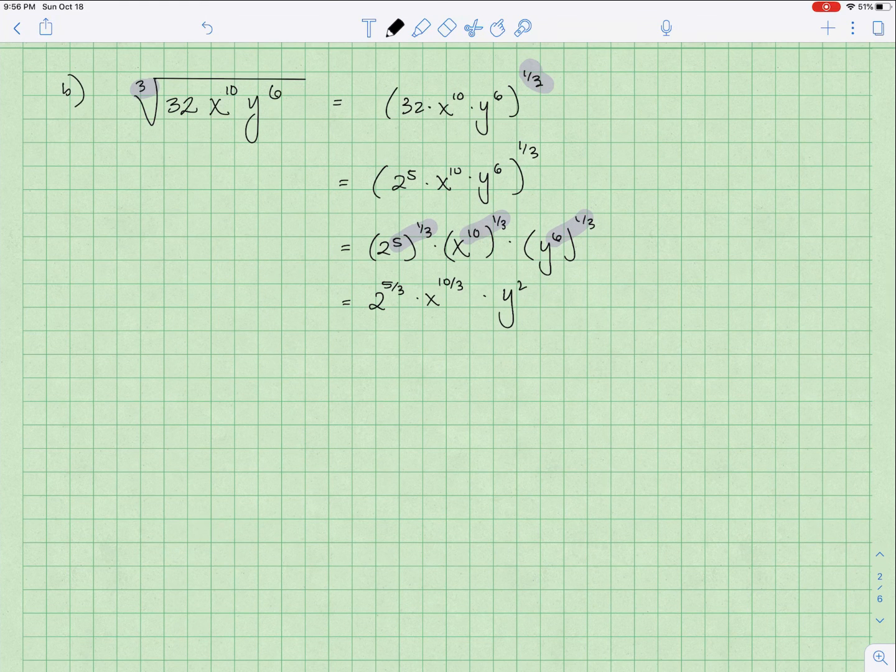Now, we can rewrite this as the cubed root of 2 to the 5th times the cubed root of x to the 10th, that doesn't help us out too much, times y squared. So the question is, can we simplify these any further? And the answer is yes.